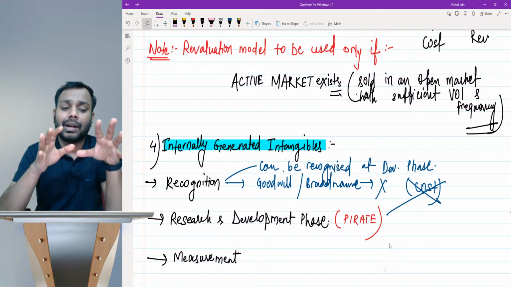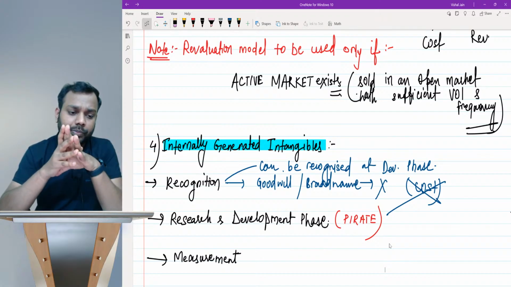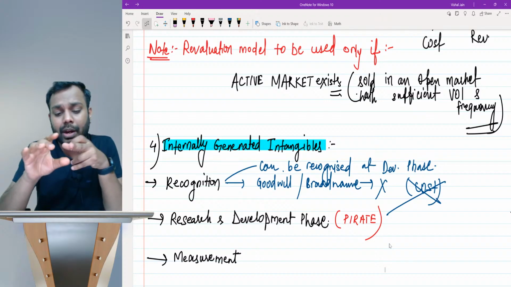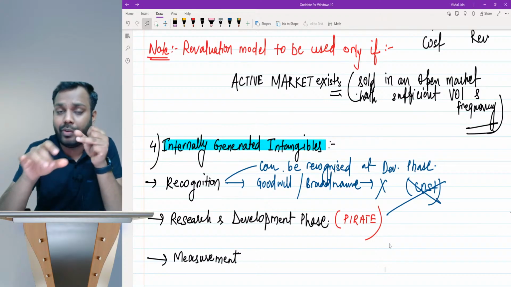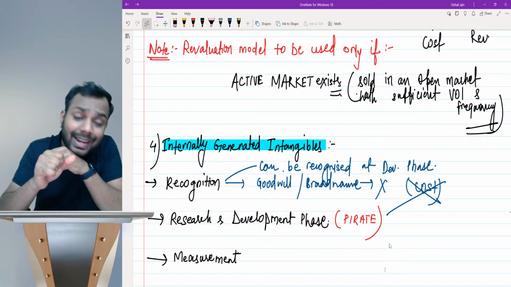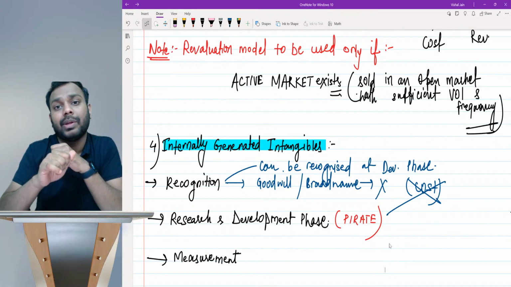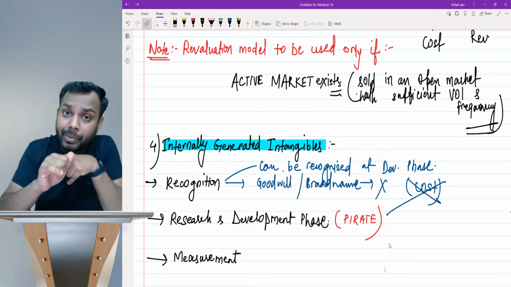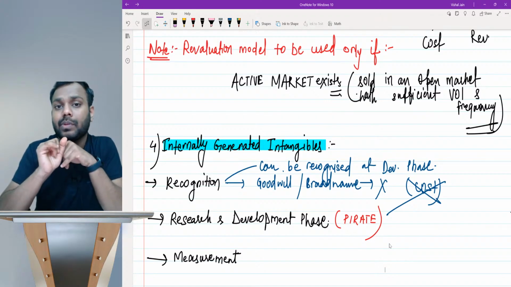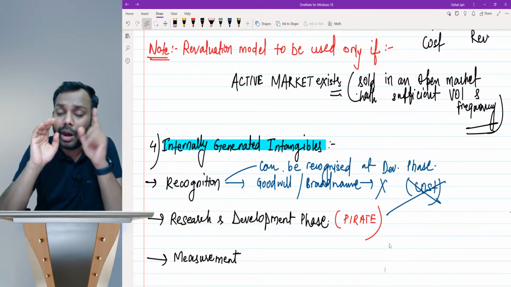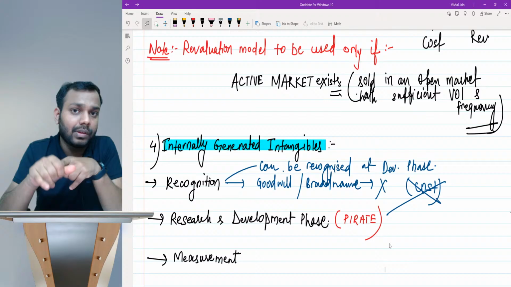So basically it means the asset will have economic benefits. We want to develop the asset. We have the willingness to develop the asset. We have the resources available to develop the asset. And if the asset is developed, it will be feasible. Again, I'll repeat it. Understand? The asset will have future economic benefits.